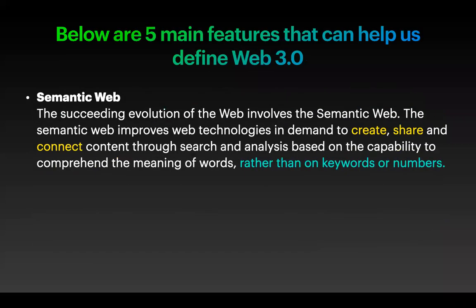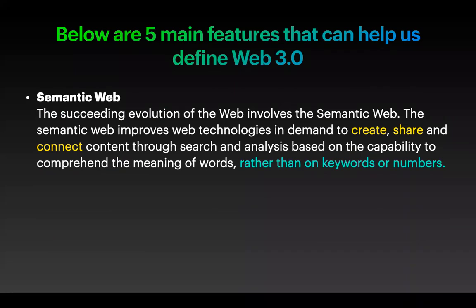There are 5 main features that help us define Web 3.0. First is the semantic web. The succeeding evolution of the web involves the semantic web. The semantic web improves web technologies to create, share, and connect.